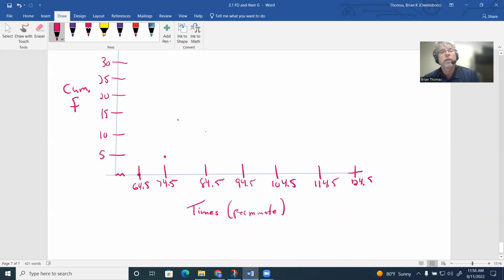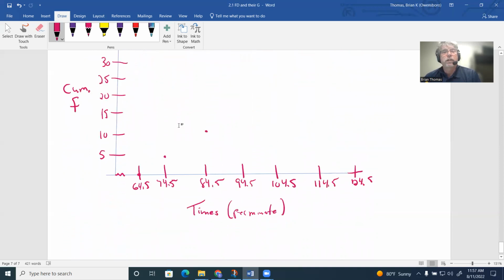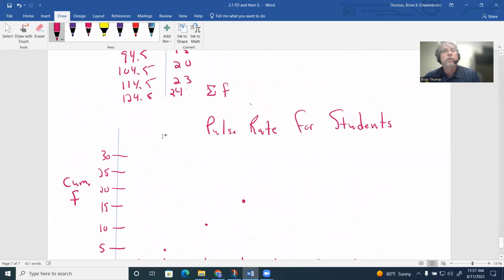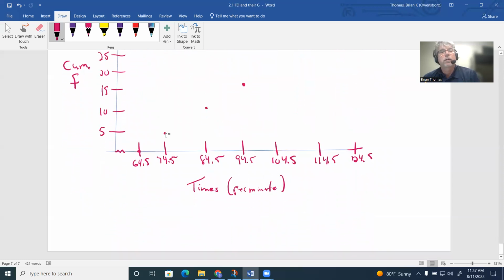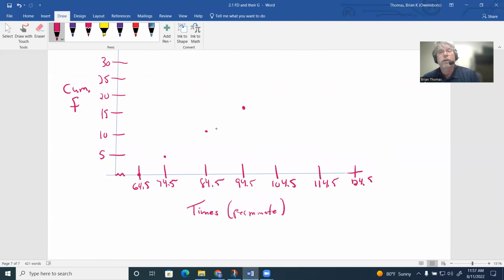So I'm just going to estimate that best I can. 94.5 is 15. 104.5 is the 23. So almost halfway, a little bit over halfway there between 20 and 25. So I'm going to kind of mark it about there.